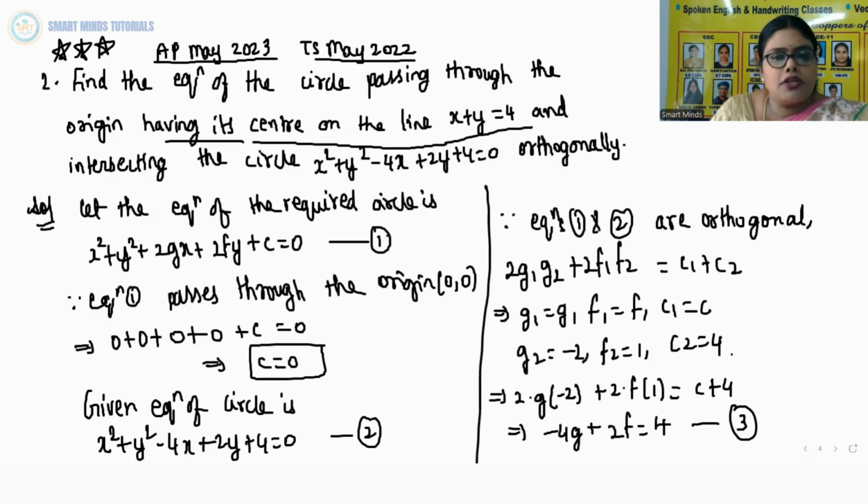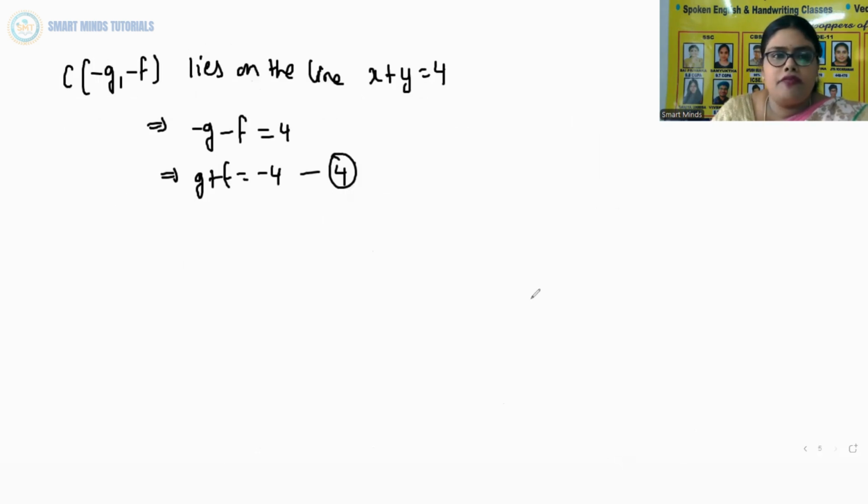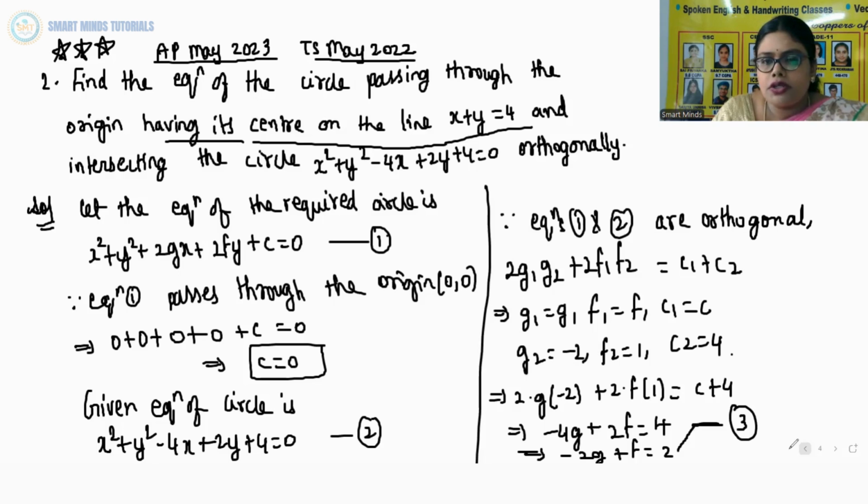Now from third equation we can take 2 common. So we get minus 2g plus f is equal to 2. Let's take this as equation 3. Now we will solve 3 and 4. What is third equation?